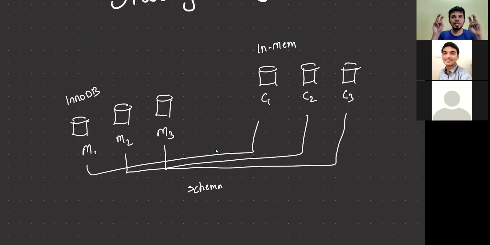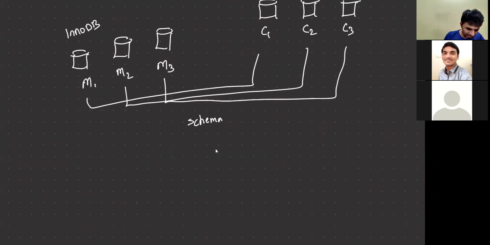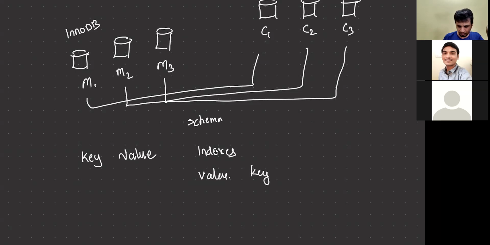The schema I had for my main database was, for example, one table with a key column and another column for value, and then a secondary indexes table having value and the key mapping with it. So this kind of schema should be very well present in my cache structure as well.